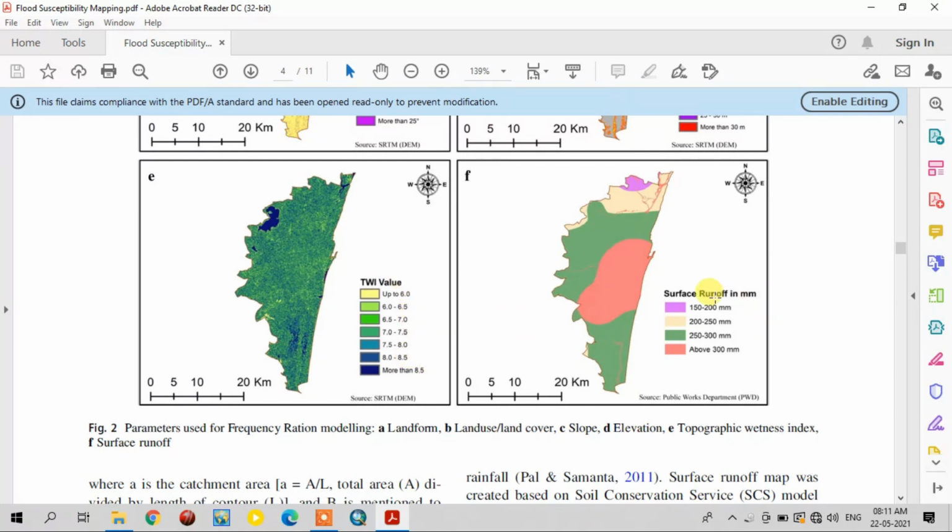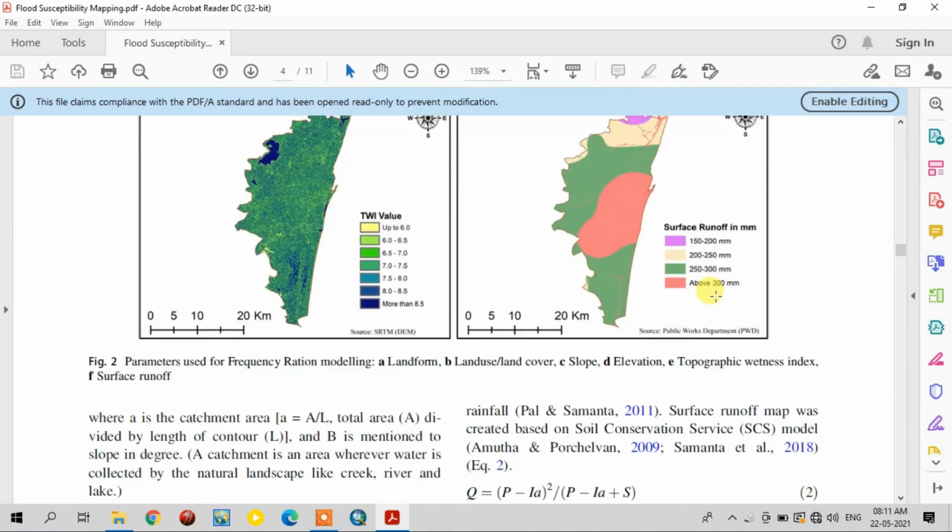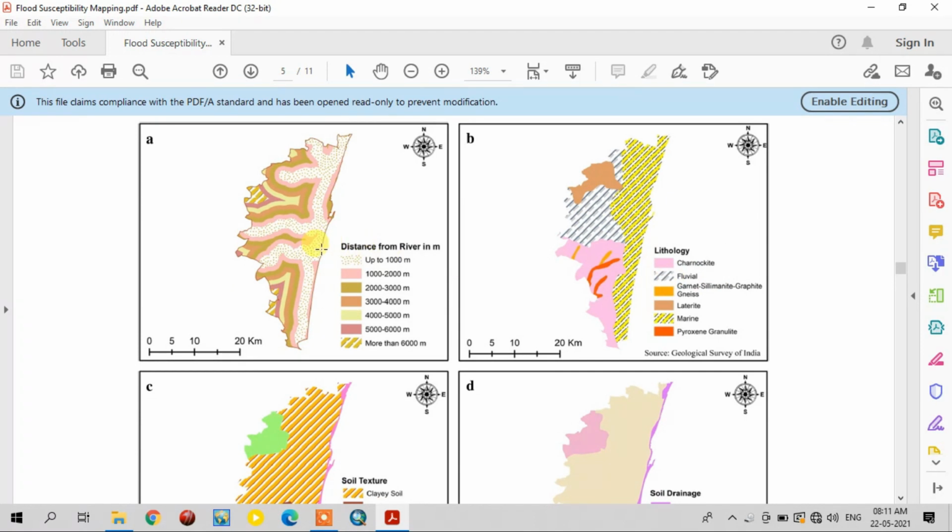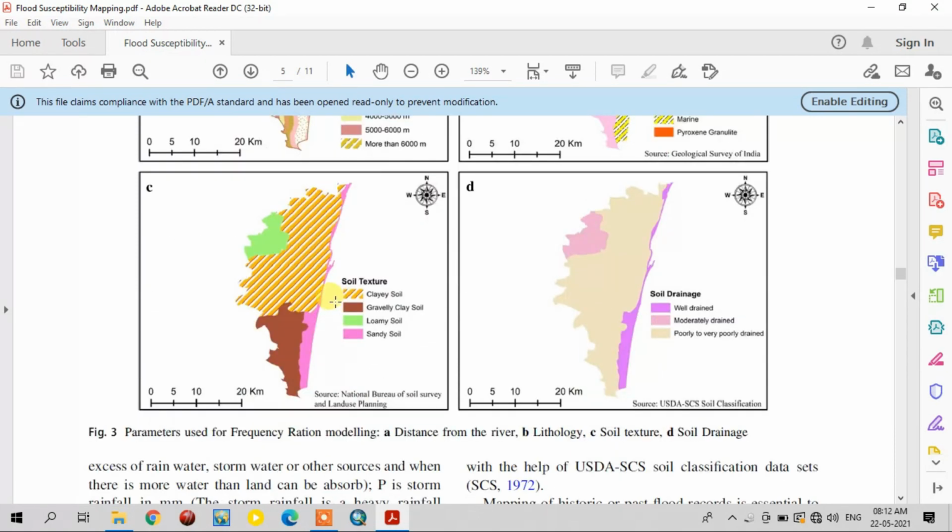Surface runoff is estimated using the Soil Conservation Service method, and distance from the river is calculated from the river shapefile, and buffer is taken from the river shapefile. That one is this, and lithology is prepared from the lithology map from the Geological Survey of India.